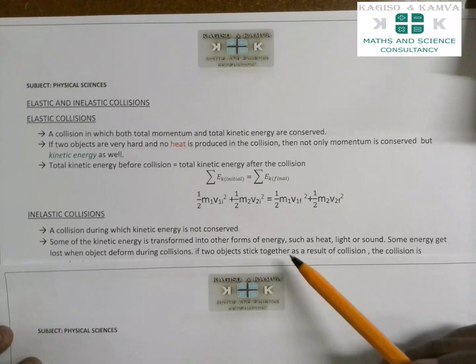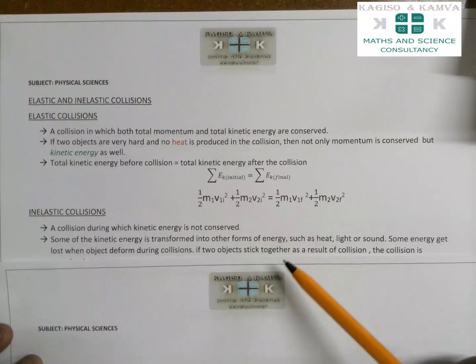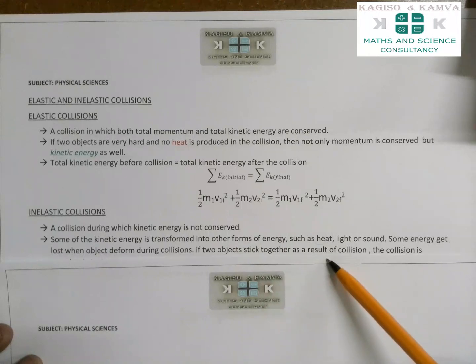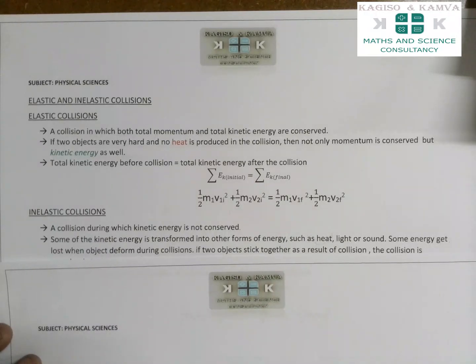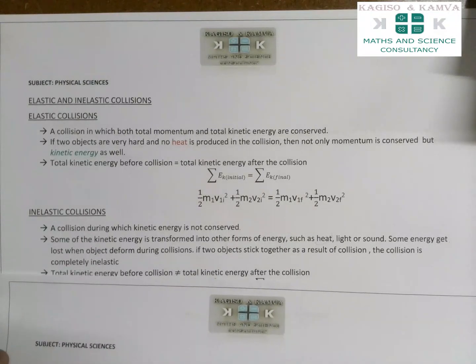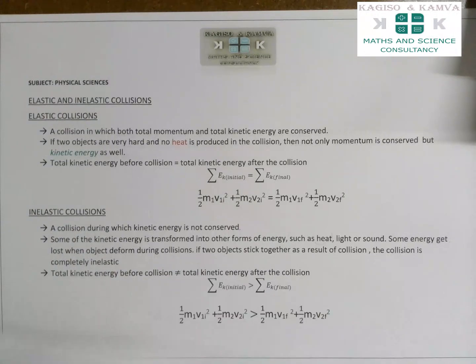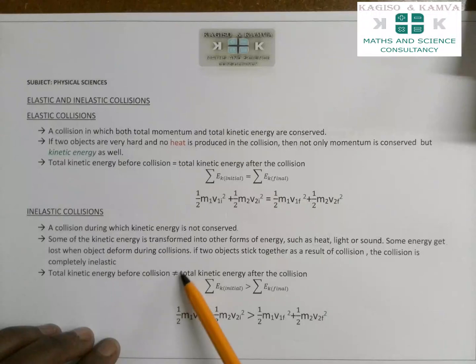Okay, so if two objects stick together as a result of collision, the collision is completely inelastic. Okay, so the total kinetic energy before the collision is not equal to the total kinetic energy after the collision.